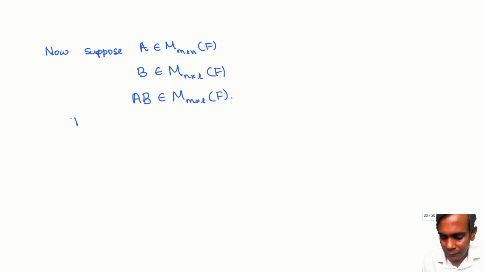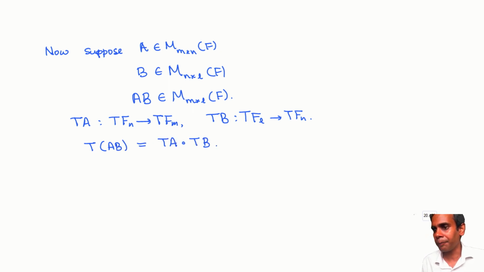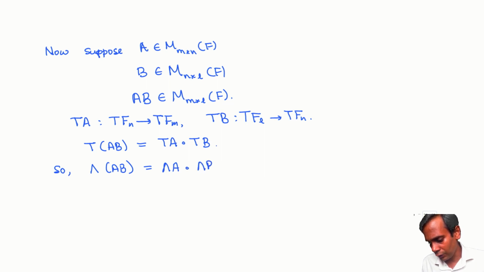And so we have T_A from F^n to F^m. We have T_B from F^l to F^n. And what is clear from the definition of T_A and T_B is that T of the product matrix AB is T_A composed with T_B. Just see how it acts on basis vectors. And so also wedge of AB is wedge of A composed with wedge of B.